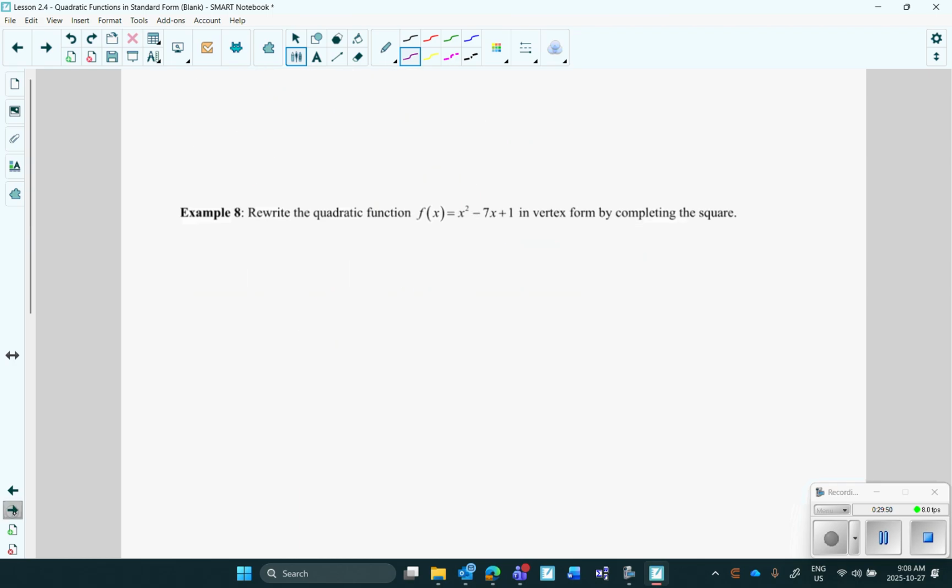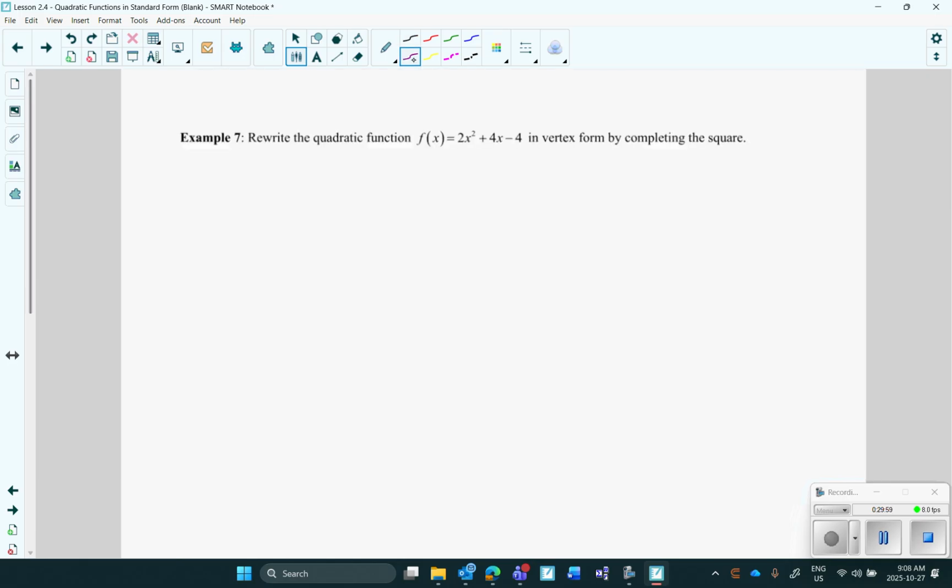We're going to do one more. We're not going to do number 8. I'm not going to worry about number 8. But here, this one. I can't just jump into completing the square right away because there's a 2. So what do I have to do?